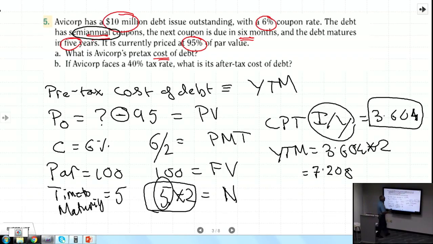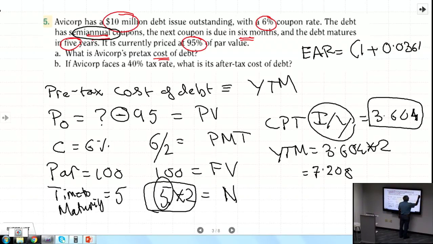But if I want to calculate the effective annual rate, then I would have to do 1 plus 0.0364. I would have to raise this to the power 2, because there are 2 periods in that 1 year, and then I have to subtract 1 from it.